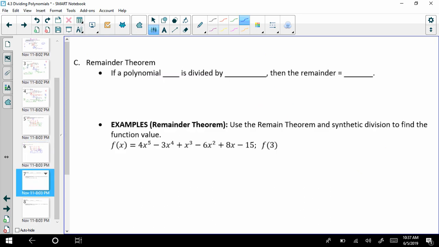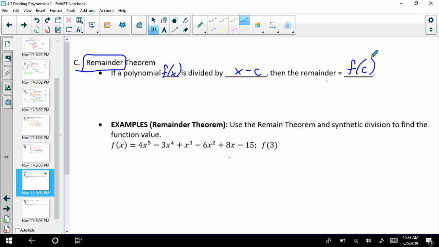The final few things I want to talk about are two, I guess we could call them rules or theorems. One of them is all about remainders. So it says if a polynomial, let's just call it f of x, we'll use function notation, is divided by some kind of linear polynomial, like what we were just doing, then the remainder has to be f of c.